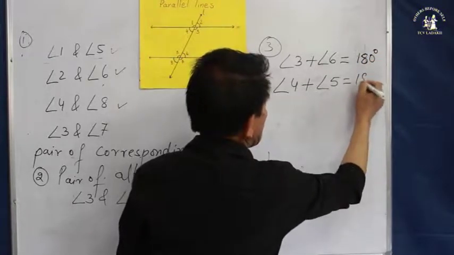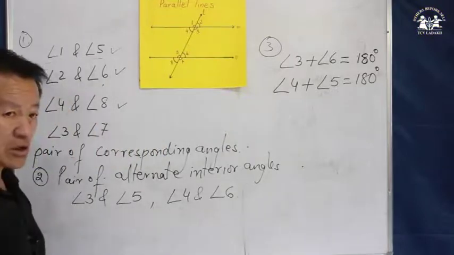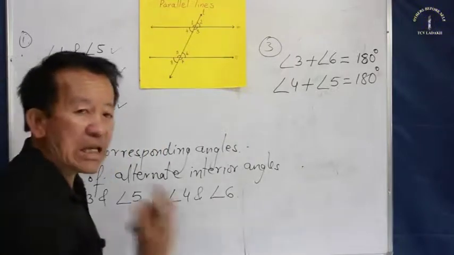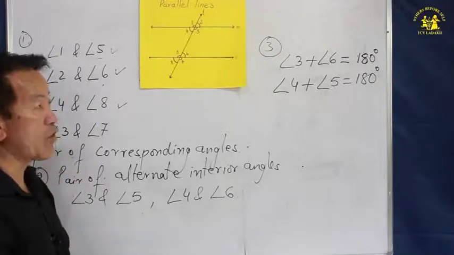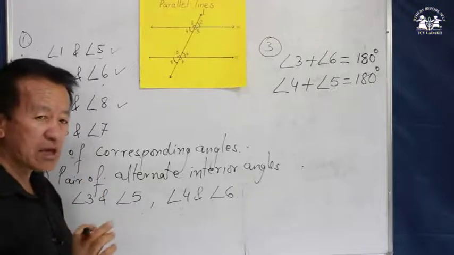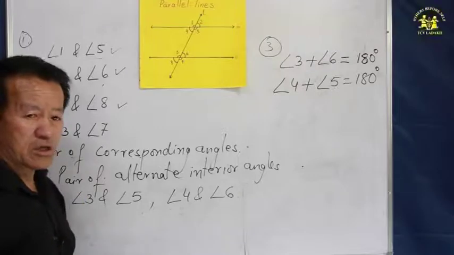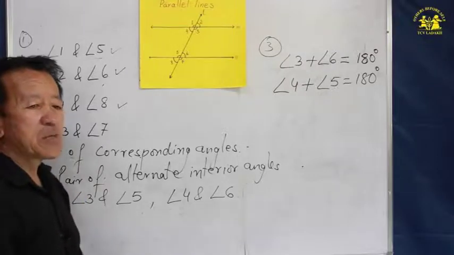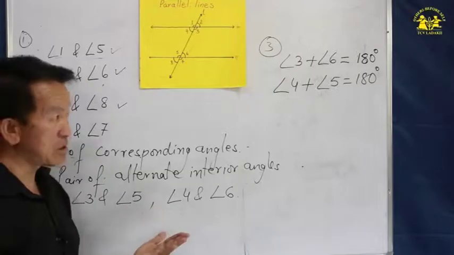We call it supplementary. Now there's a difference between linear pair and supplementary angles. In the case of a linear pair, the sum of the two adjacent angles is 180 degrees. Supplementary angles means any two given angles, which may not be adjacent.